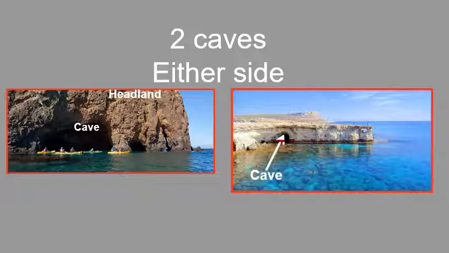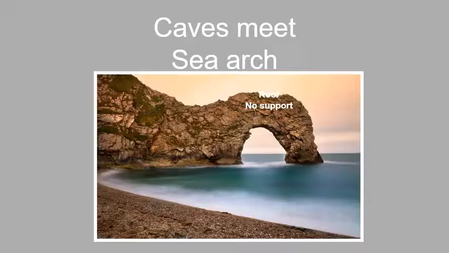Now, obviously, the destructive waves, when they're very strong, move into the sea cave and break against the wall of the sea cave, eventually eroding through that wall of rock separating the two caves. In other words, the two caves will meet, and this will form a sea arch. Look at that. Isn't that amazing?